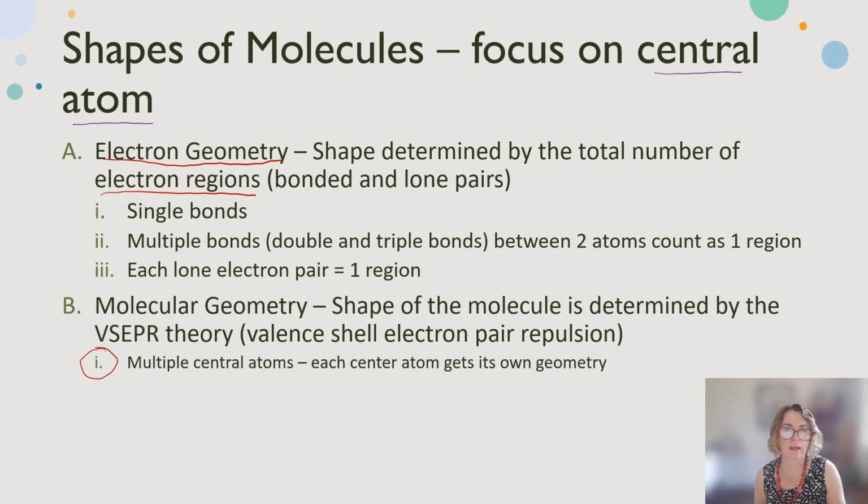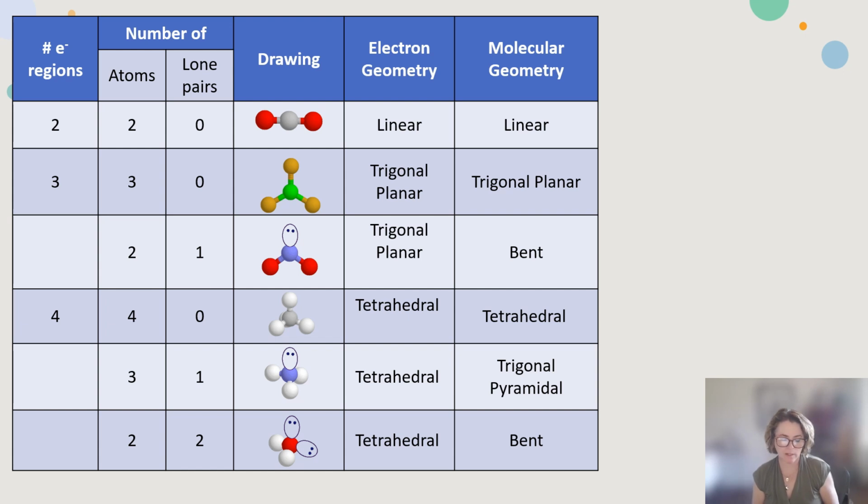If you have a molecule that has multiple central atoms, then it's going to be really important that each central atom gets its own geometry, electron geometry as well as molecular geometry. So what we're going to be doing here is taking a look at the electron geometry and the molecular geometry and talking about how those are interrelated.